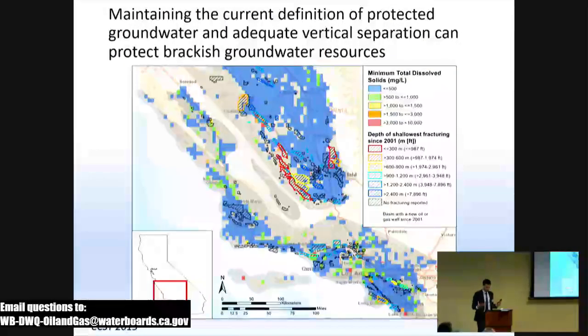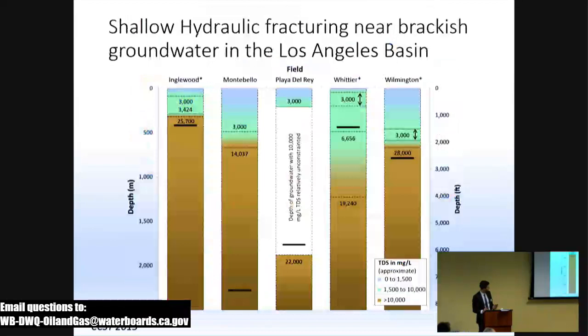One of the reasons to have these definitions of protected groundwater is that, as we found in the CCST study, hydraulic fracturing in a number of cases, though not all, has been observed occurring at very shallow depths and in proximity to groundwater which should be protected or is approaching the concentration of what should be protected.